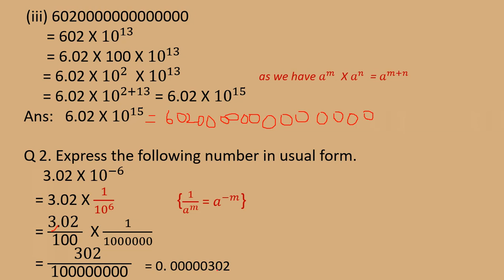That means these 8 places are for the digits and zeros, with the decimal sign in front, so it becomes 0.00000302. So we can say 3.02 into 10 raised to the power minus 6 equals 0.00000302. I hope you are able to express very large or very small numbers in standard form, as well as write a standard form in the usual form.